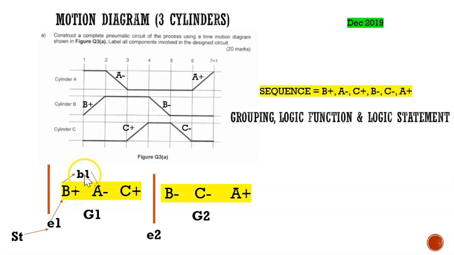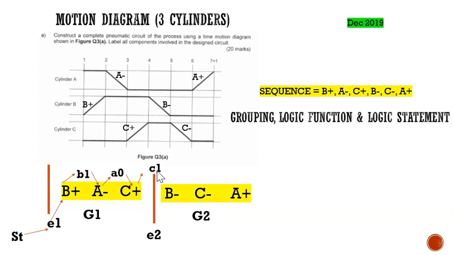And then we go to A minus. A minus will go to A naught, because minus is for naught. And then go to C plus, and up here will be C1, because this is a plus sign.